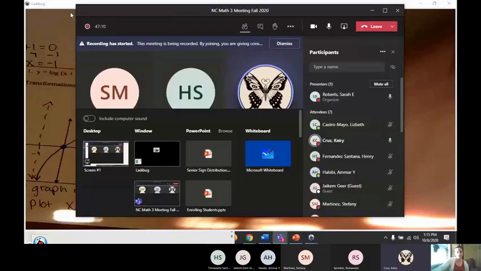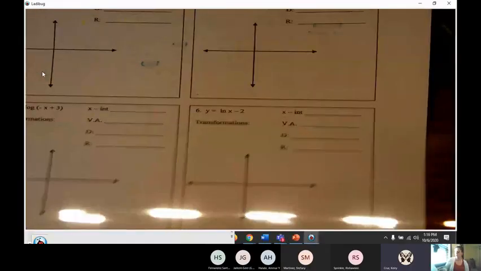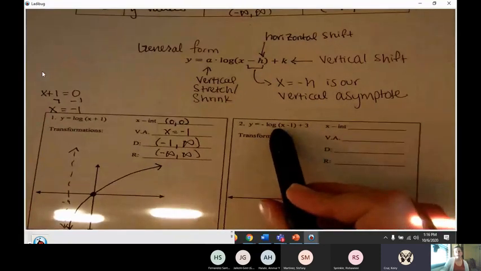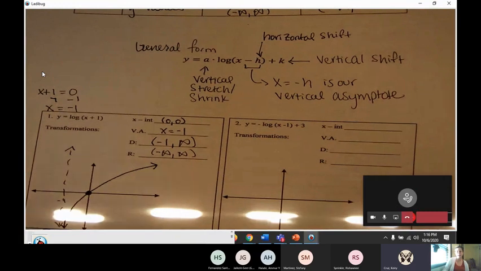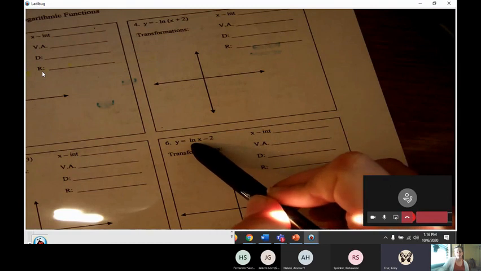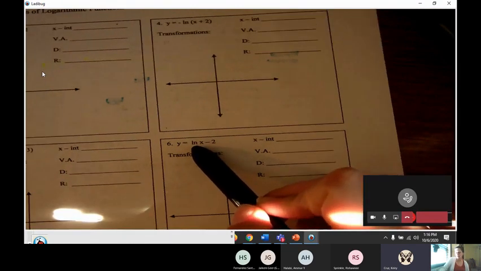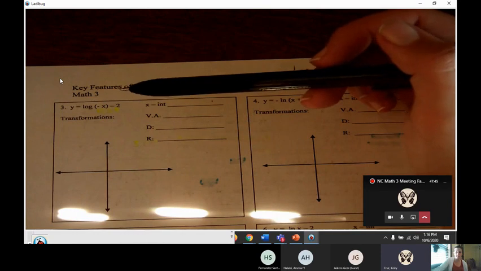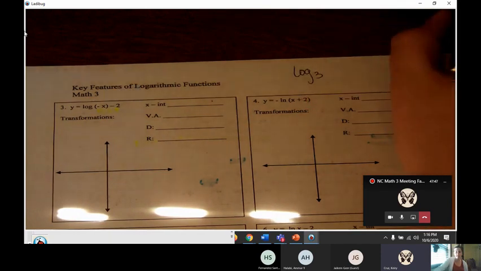So for example, like this, it's e. Or if you had log base 3, then you would use 3. But if it's not written, like it's not here, then you assume 10. Okay. Yeah. Great question. Thank you. Okay, thank you. Yeah. Anything else?